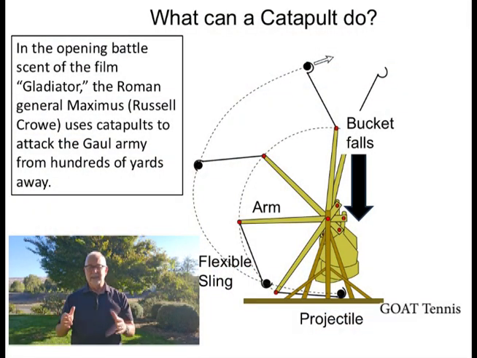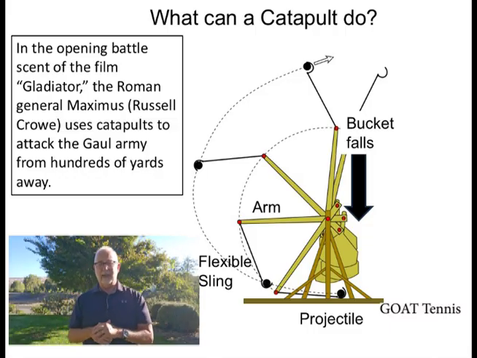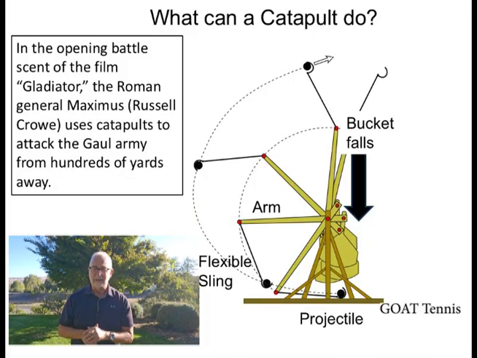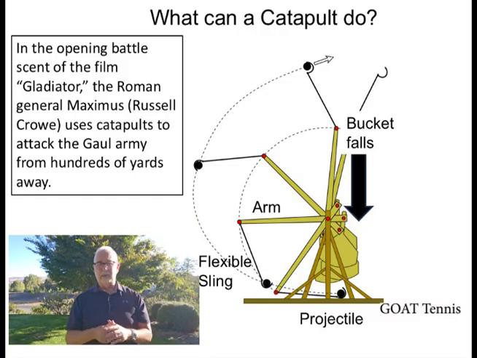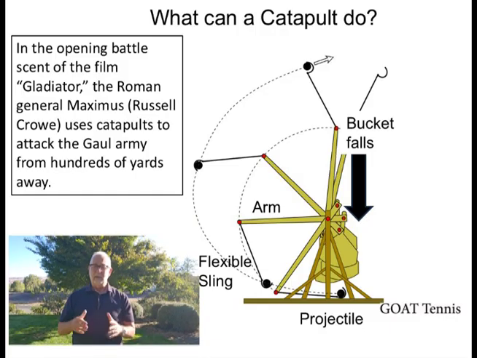So the easiest reference I have for those to understand the power of catapults maybe is the opening battle scene in the movie Gladiator. This was about the Roman general Maximus, played by Russell Crowe. And in the opening sequence, the Romans used catapults to attack the Gauls who think that they're safe in the forest line.